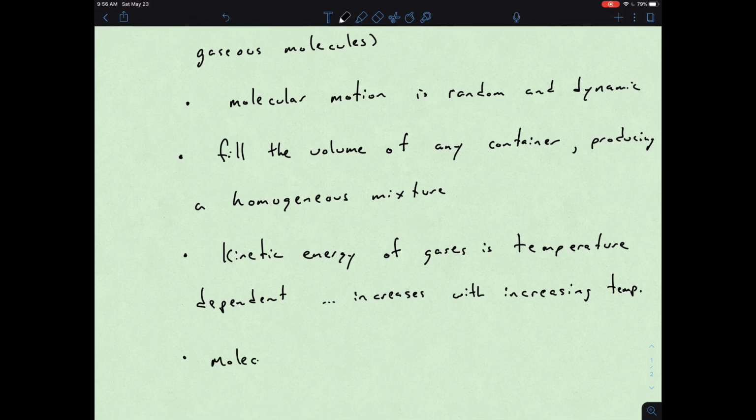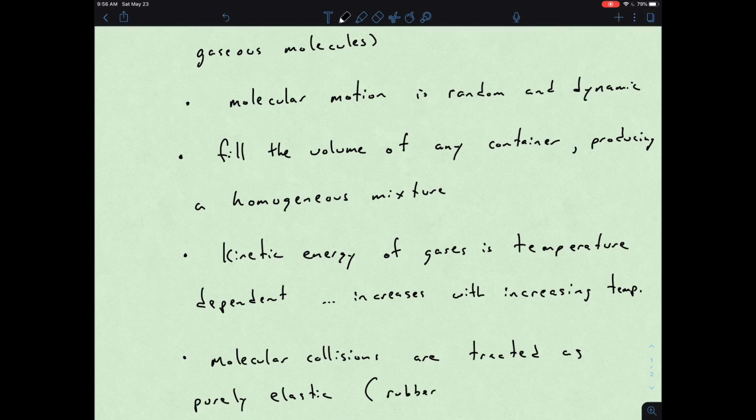And molecular collisions are treated as purely elastic. Kind of like rubber balls bouncing off of one another.